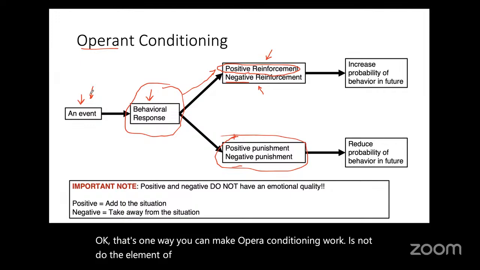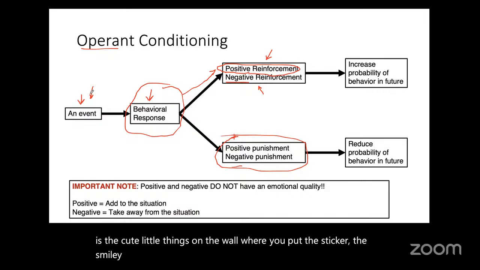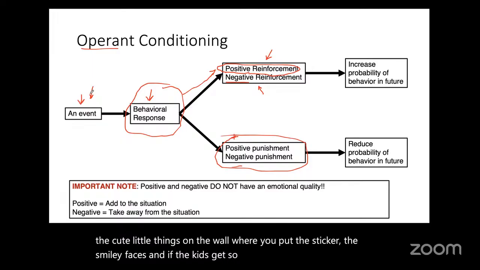With little children, the mistake we make is the cute little things on the wall where you put the sticker, the smiley faces, and if the kids get so many smiley faces, they get a pizza, right?